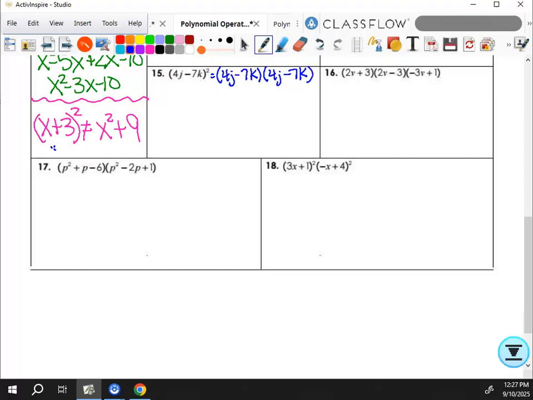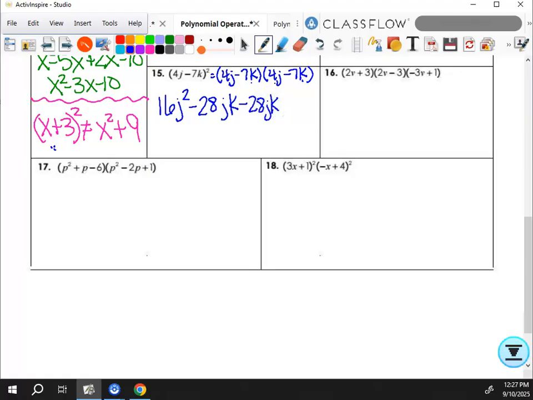So we FOIL 4j times 4j, 16j squared. Outside two, 4j times negative 7k, negative 28jk. I think I said j twice. Then negative 7k times 4j is going to be a negative 28jk.